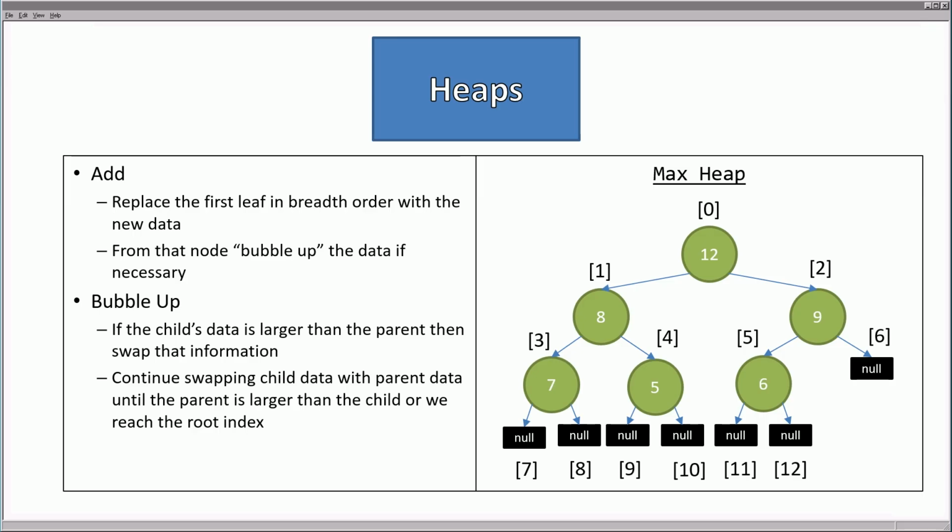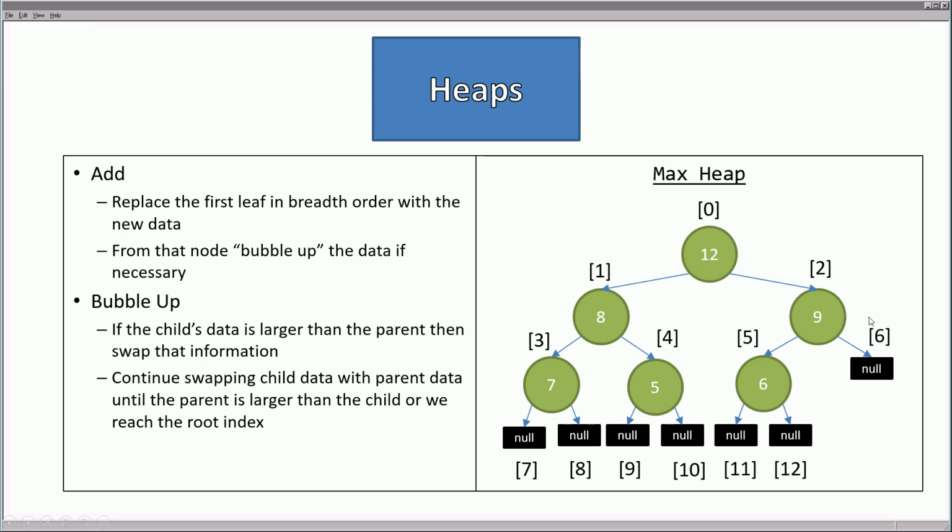What you want to do is find the first leaf in breadth order. Now, as a reminder, breadth order basically looks at each one of the rows of a tree. And let's assume that breadth order always goes left to right, like this. So what we would do is we try to find the first leaf in this order, which is right here.